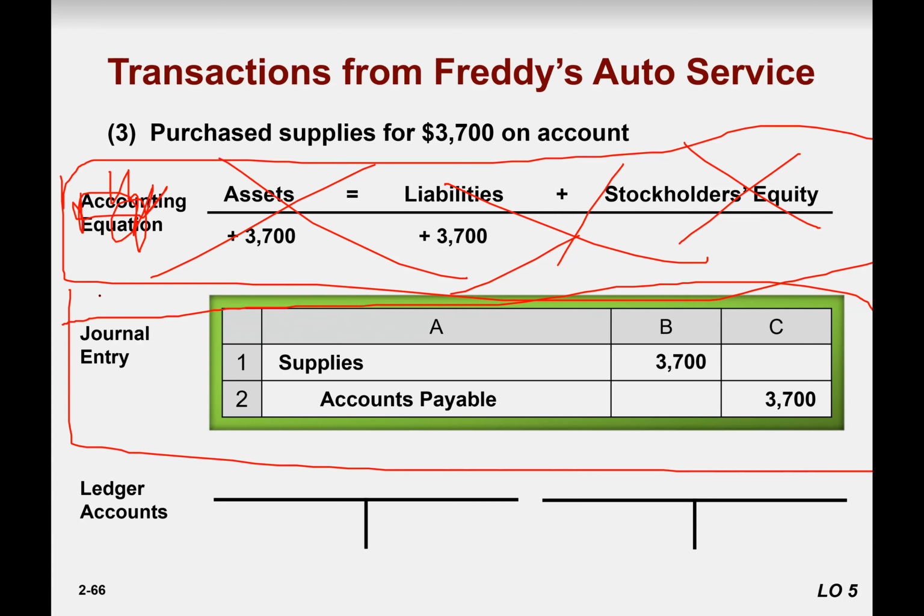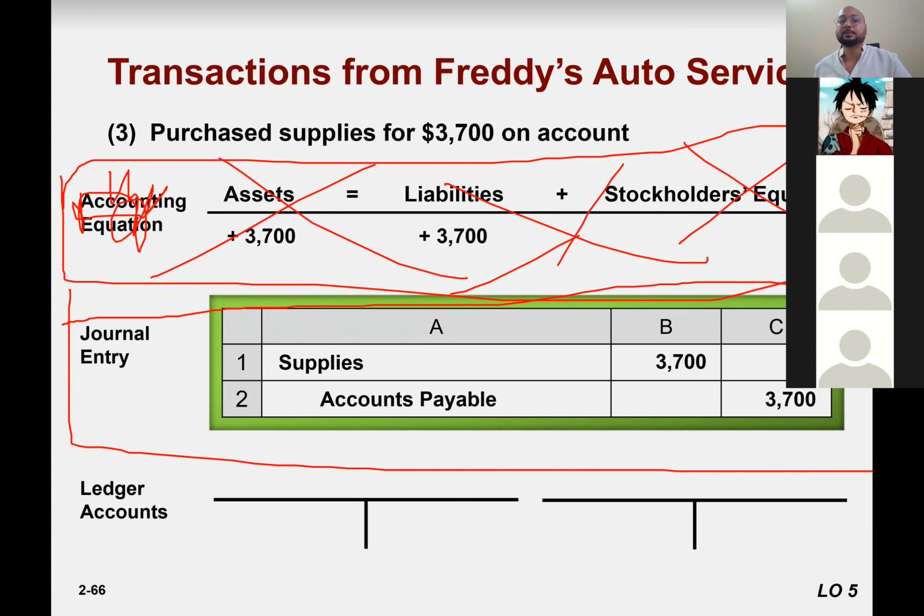When I say supplies to accounts payable, it automatically means that supplies is debit and accounts payable is credit, right? And Marilyn, understand? Yes, sir. Can you say the entry? Supplies to accounts payable. Well done.